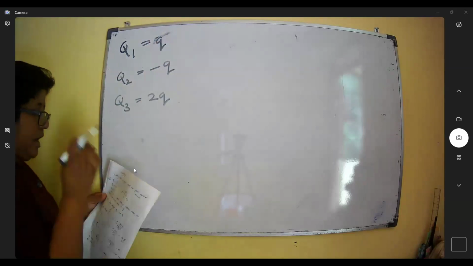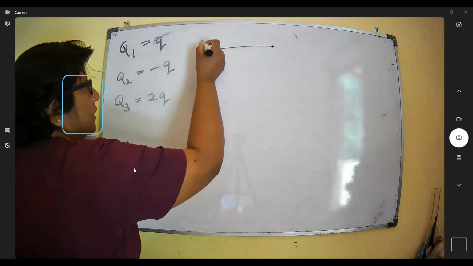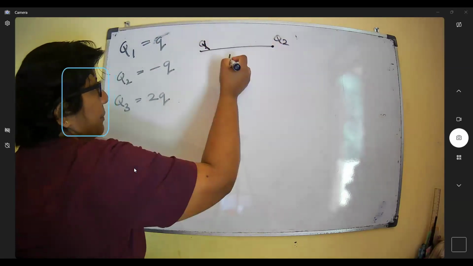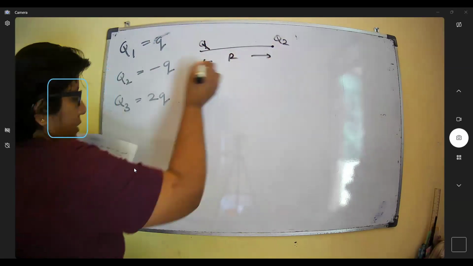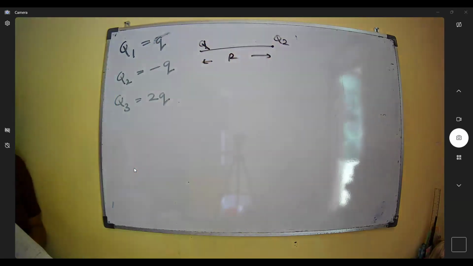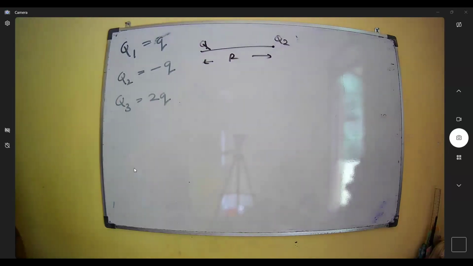First, Q1 and Q2 are placed like this, and their separation is R. Then Q3 is placed halfway between them, and its distance from each charge is R over 2.